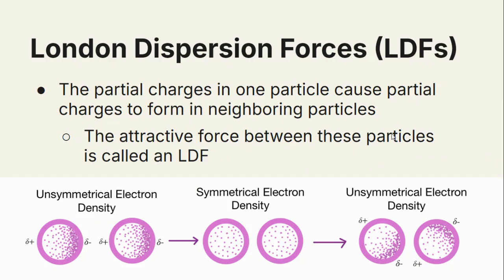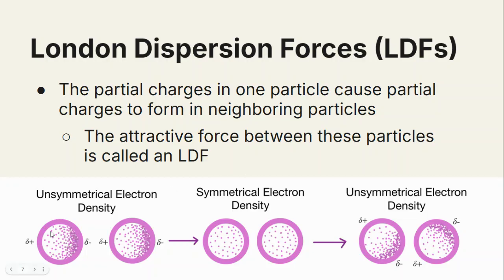When a particle, an atom or a molecule, forms those partial charges because of the uneven distribution of electrons, it can cause neighboring particles to also form partial charges.